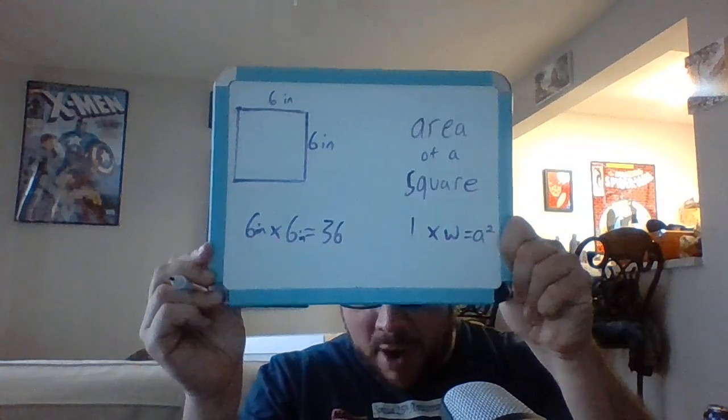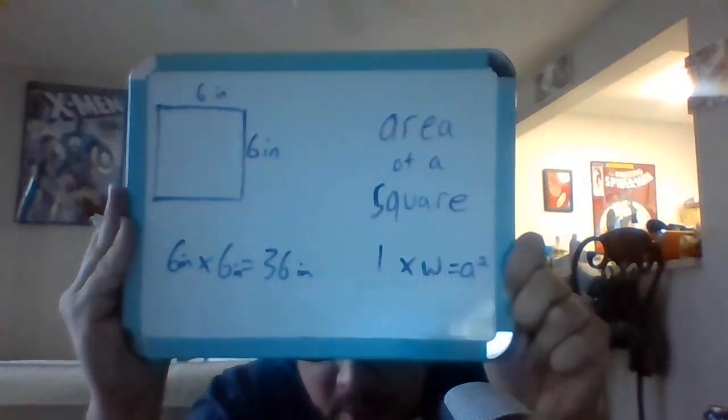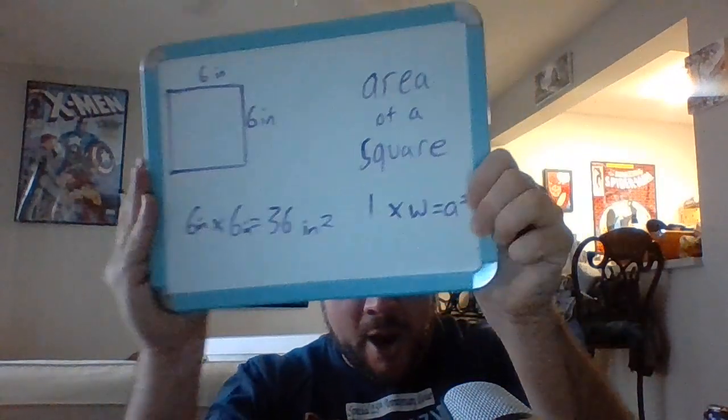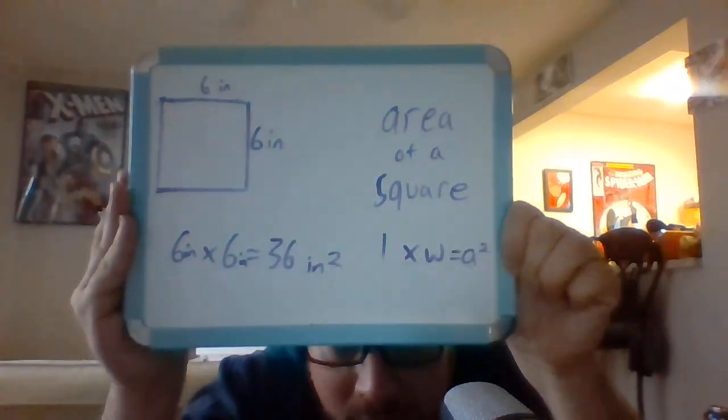So 6 times 6, what is that? Use your calculators. Not as hard on you because you're doing this at home. 36, right? What are we going to put behind it? Inches. Not just inches, inches squared. Just like that.